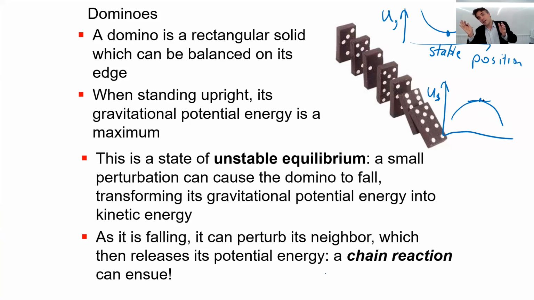If you tip it this way, the gravitational potential energy goes down. Doesn't matter which way you tip it, you're converting energy into kinetic, and so it rushes away from equilibrium. So this is called unstable. Great question.